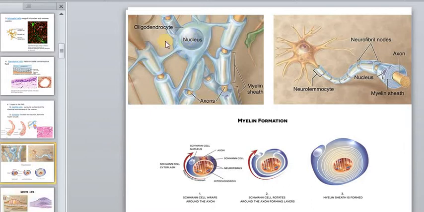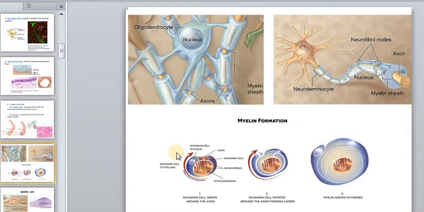Here we see the difference, where we can find the oligodendrocytes in the central nervous system and how they are built, and Schwann cells on the periphery, neurolemmocytes, the second name.